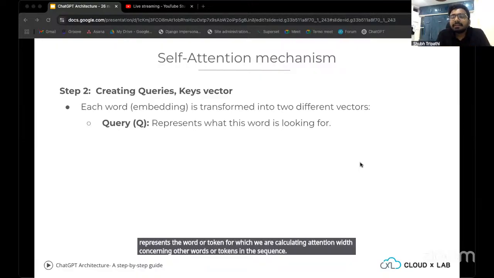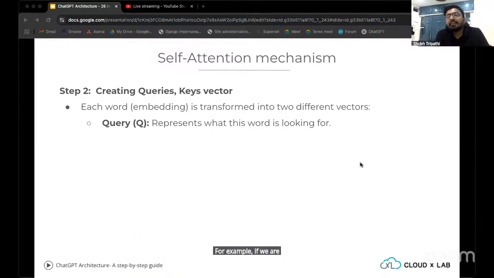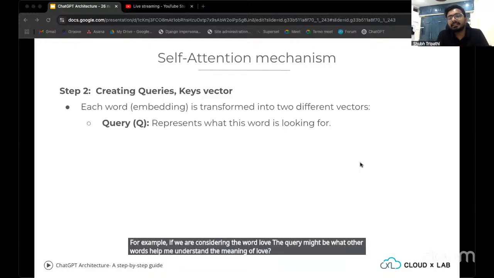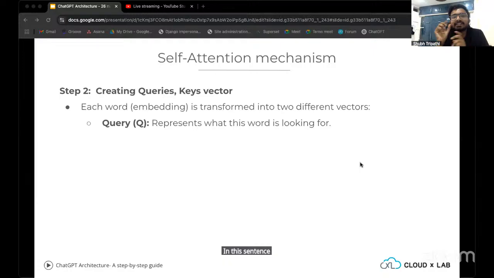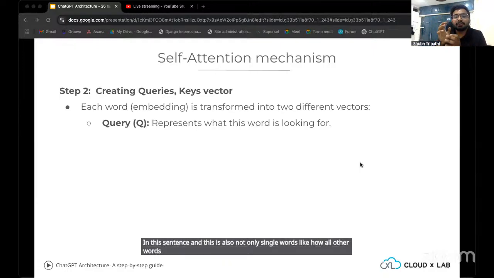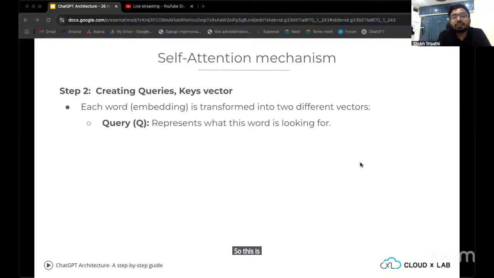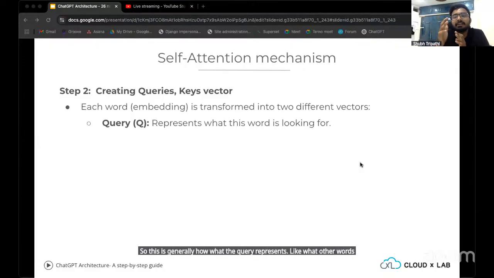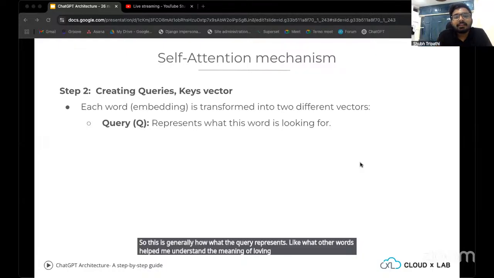For example, if we are considering the word love, the query might be: what other words help me understand the meaning of love in this sentence? And it is not only single words, but how all other words contribute to understanding the meaning of love.